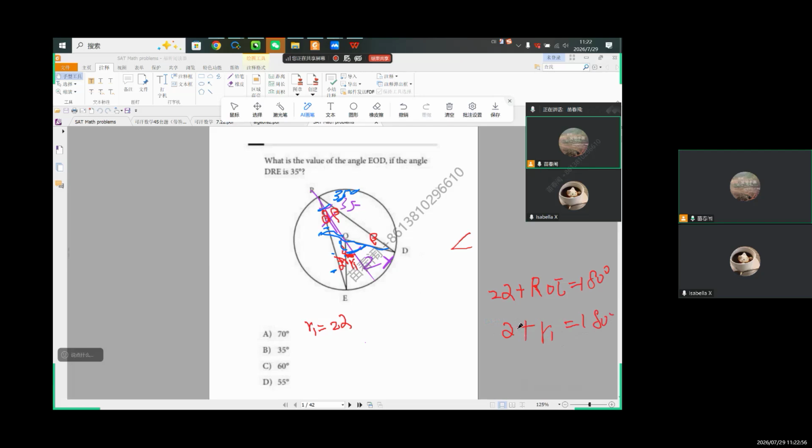Wait, oh, this is not this one. Gamma 1 plus ROE is also 180. So that's why 2 alpha must equal gamma 1. I understand that, but isn't 2 alpha just 35 because alpha is 35 split into 2? No, that's not it, because alpha plus beta is 35. See?